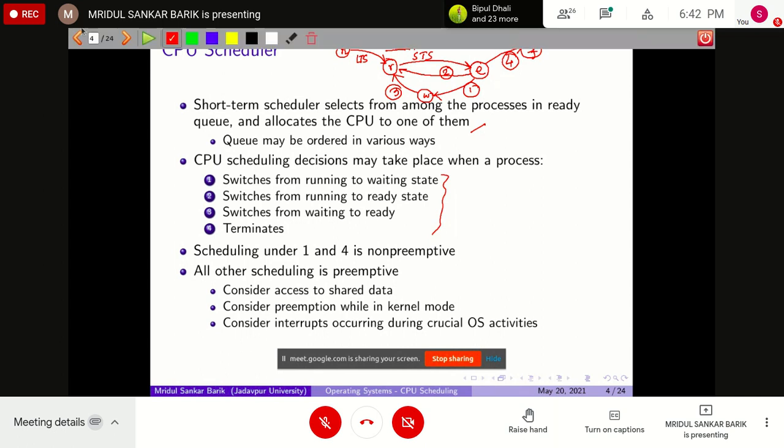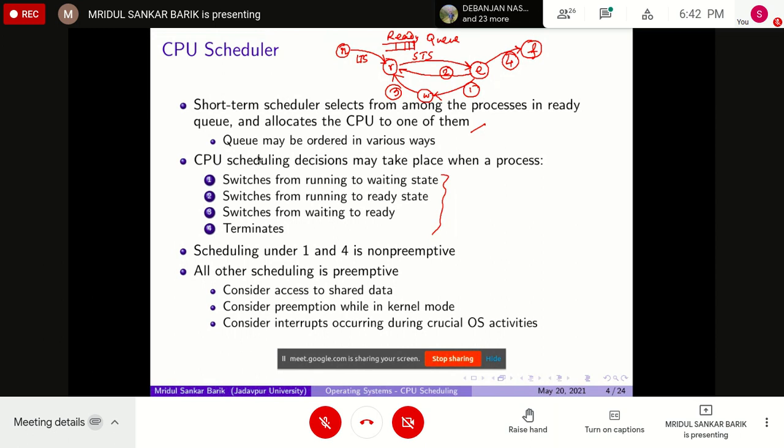So if scheduling decisions are made only in these cases, that means when a process voluntarily releases the use of the CPU, then we call it non-preemptive.